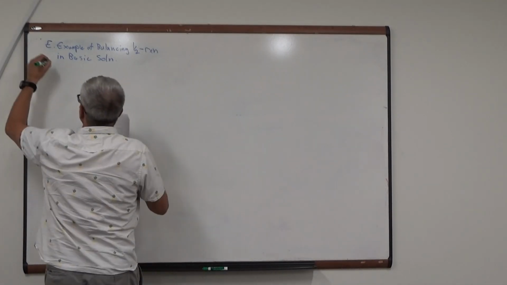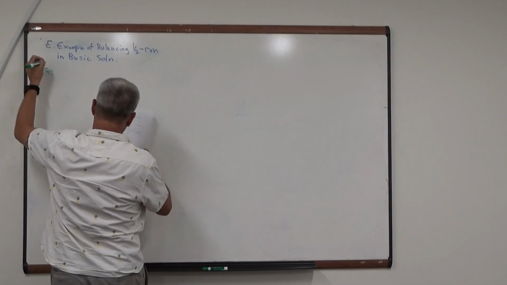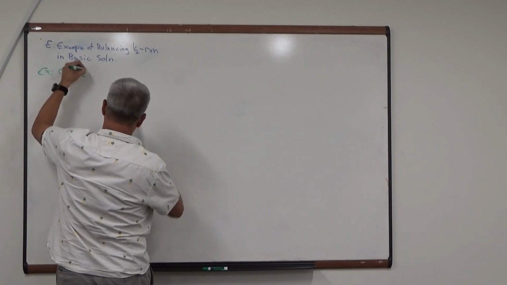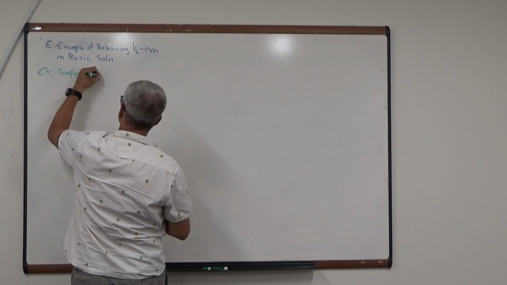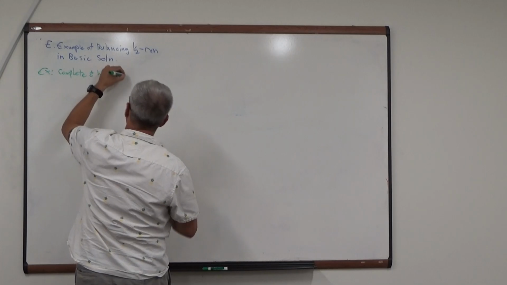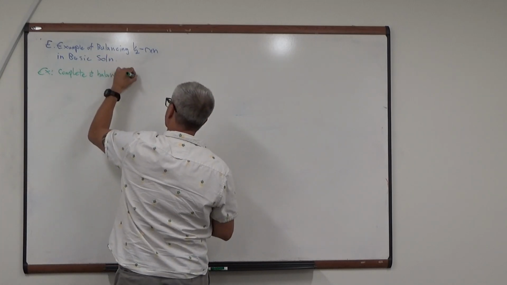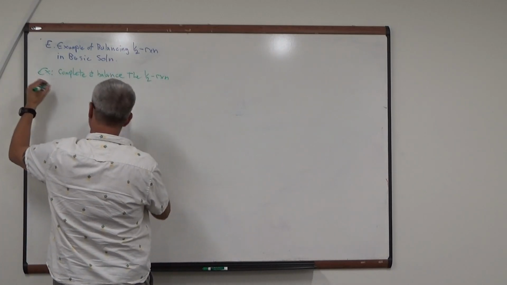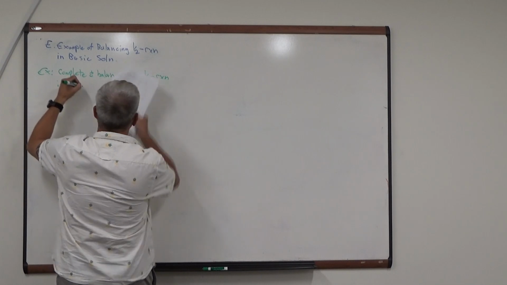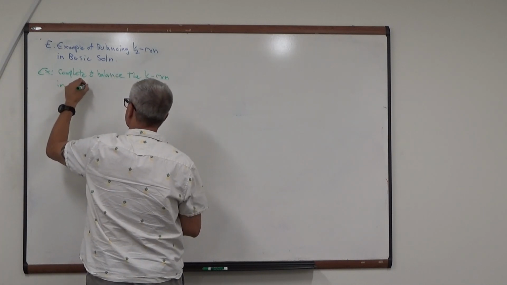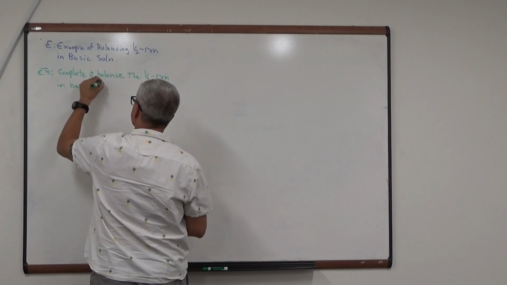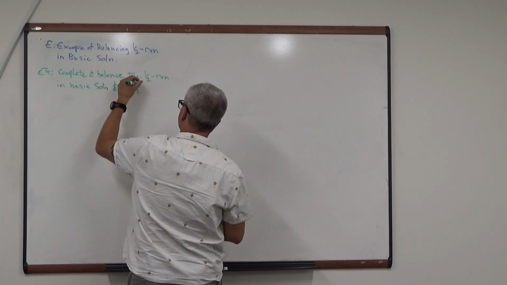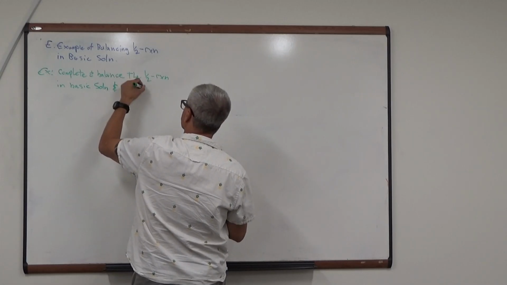And so the exact instructions that it says are complete and balance the half reaction in basic solution, but it's just exactly what I say up there. Sorry, that's redundant. And is the half reaction a reduction or an oxidation?